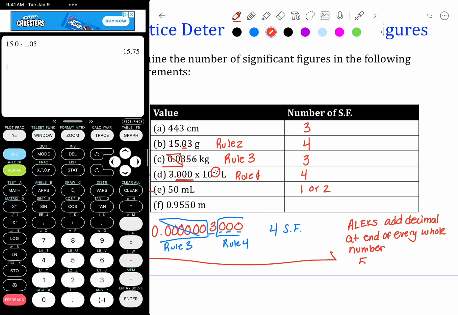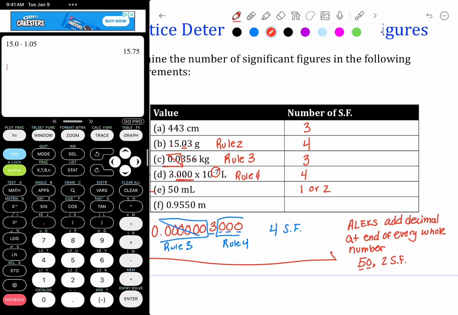Because 50, if I were to put a decimal there, that decimal then says that 0 is significant as well as the 5, so this is 2 sig figs. So by adding that decimal just at the very end, then that tells you that the numbers preceding that decimal are significant.